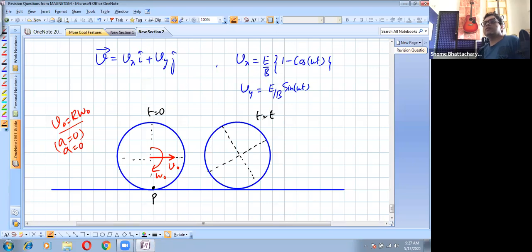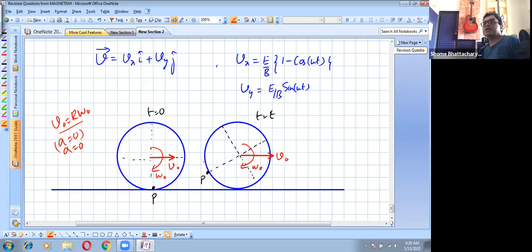So you know that velocity of that particle will have a superposition kind of situation. You'll have to write the velocity vector as the superposition of the velocity of the center of mass and the tangential velocity about the center of mass.